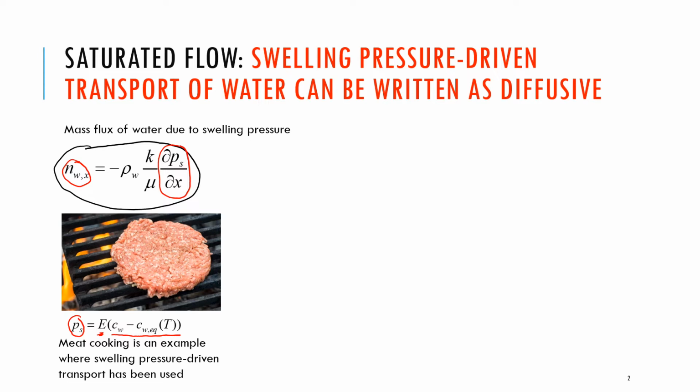In other words, at higher temperature, the equilibrium concentration in meat is going to be lower, because the meat can hold less water.